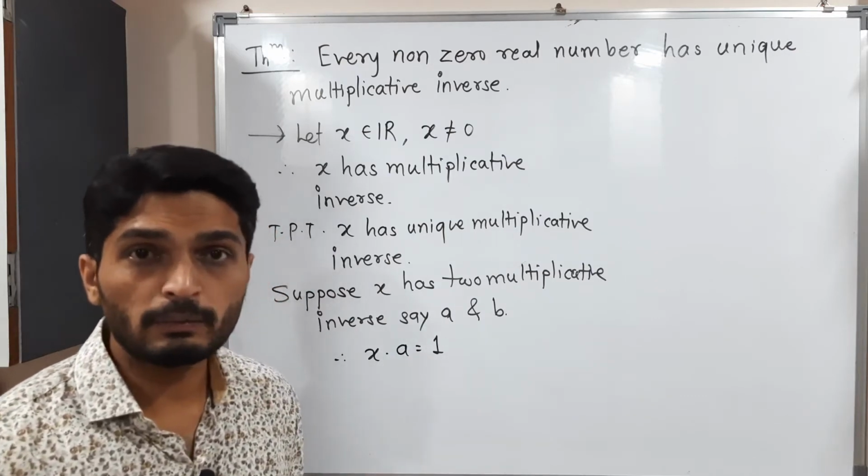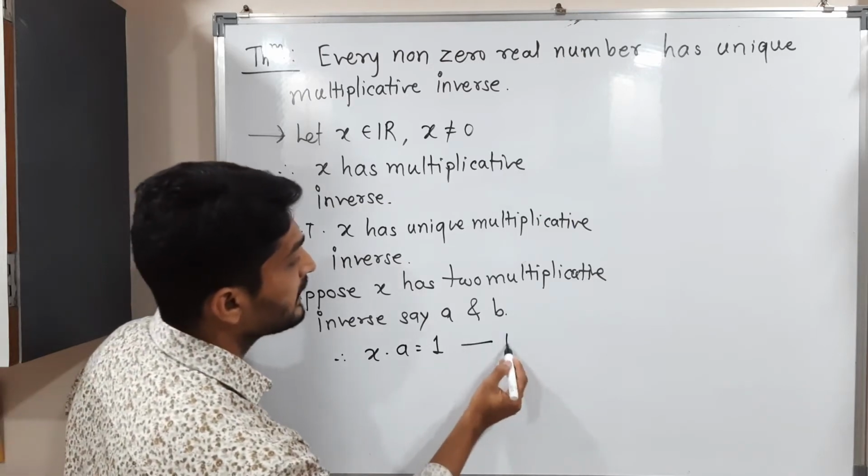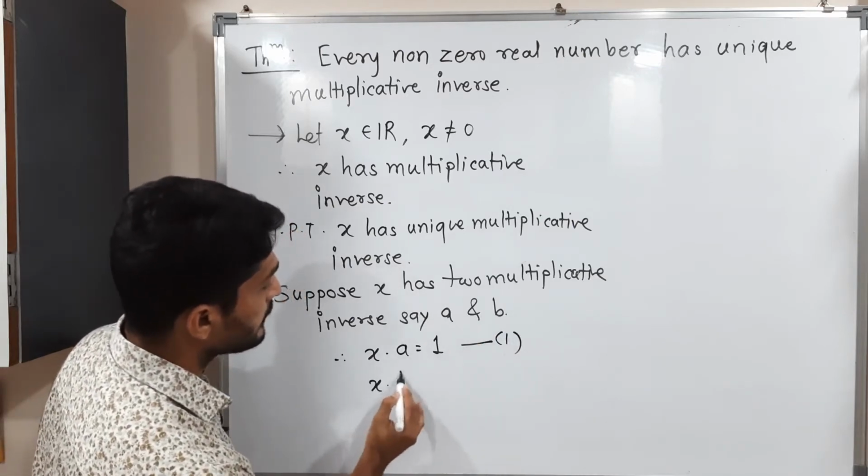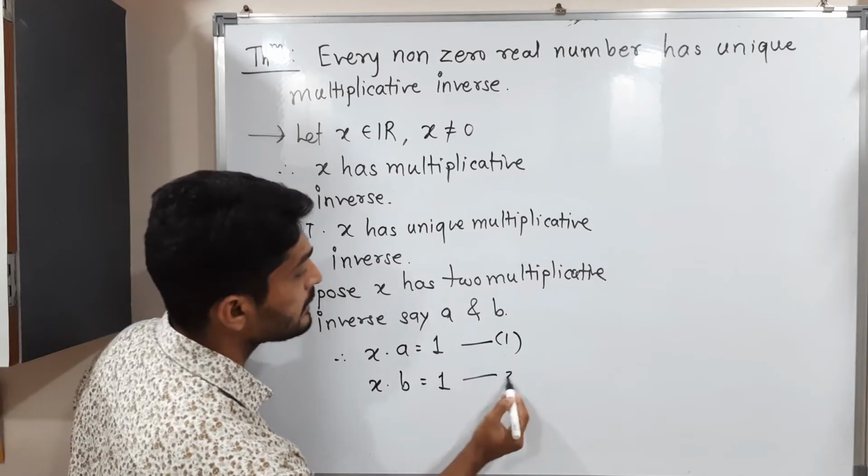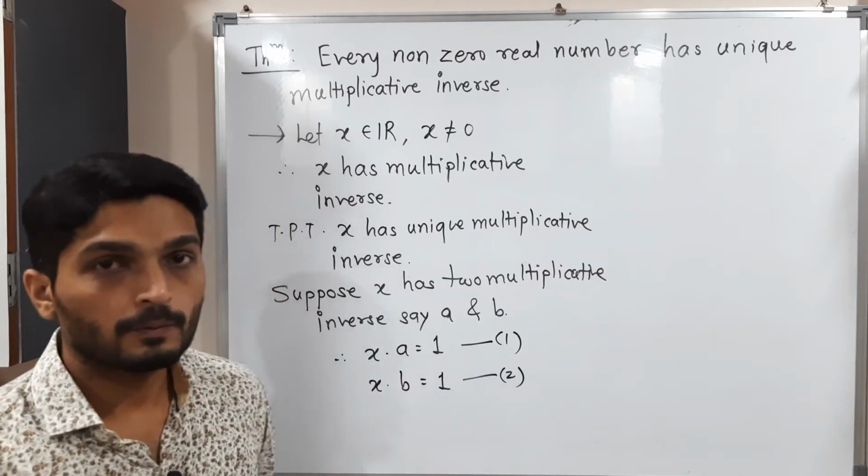So their product should be 1. B is also inverse, so that's why I can write x into B, that is also equal to 1 since B is also inverse. Right?